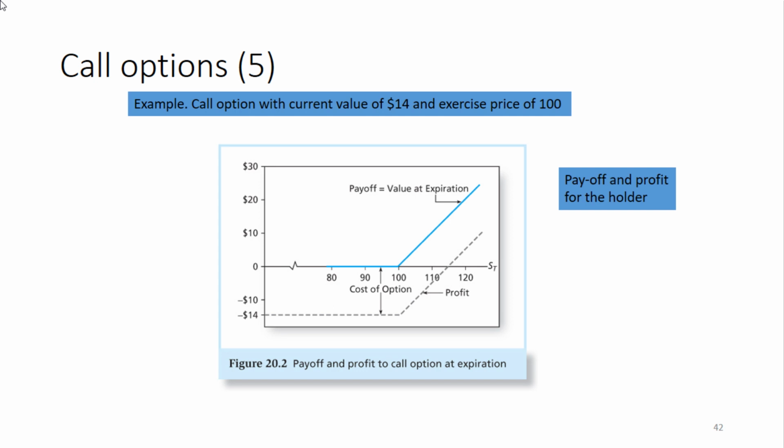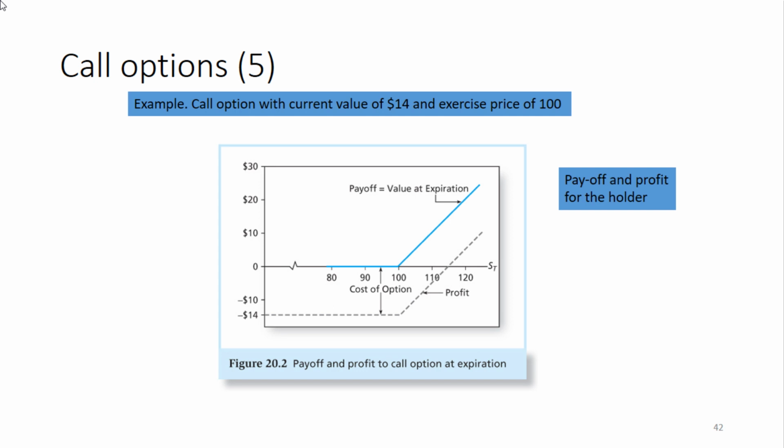The payoff is not the same as the profit that the holder of the option makes, because the holder needs to pay a premium for that cash flow payment. This premium, the original payment, was $14. So that's why the dashed black line gives the profit diagram. You start immediately with a loss of $14.